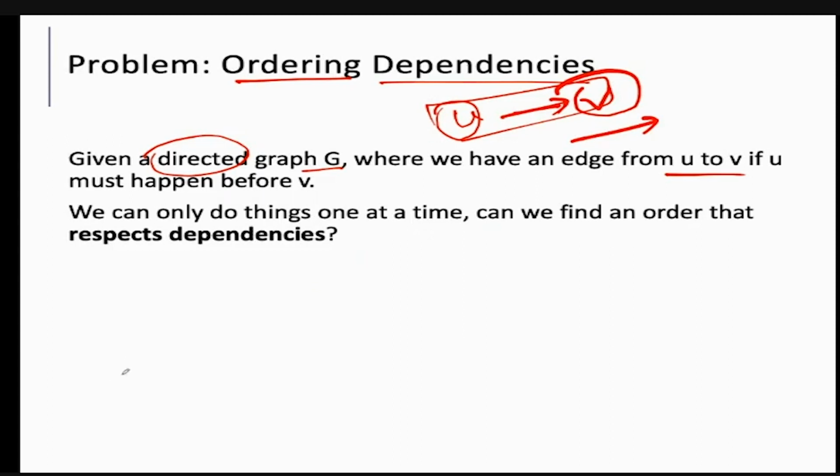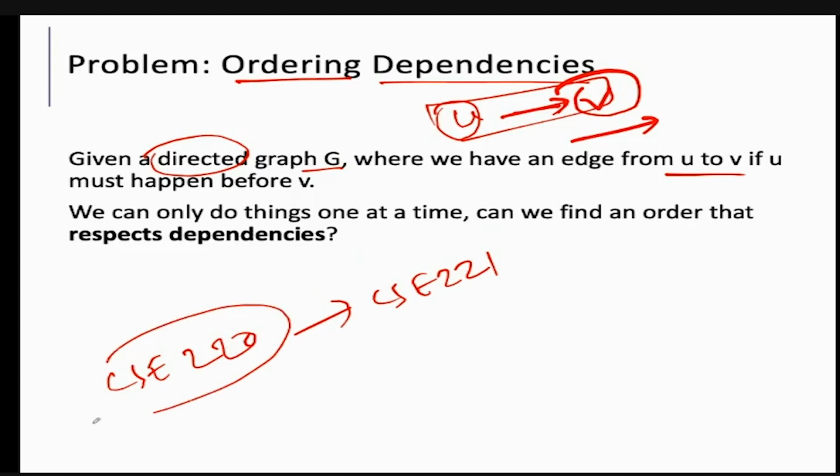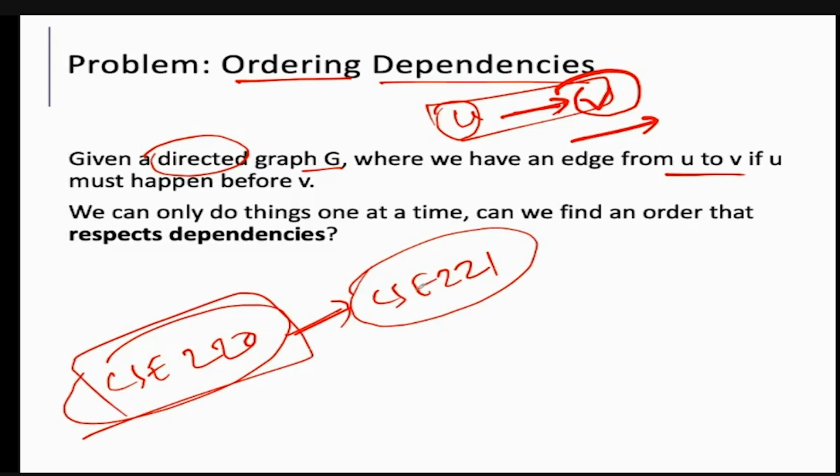For example, this is a course like CS220. You must take this before CS221, right? So this is a vertex in our graph, this is another vertex in our graph, and this edge basically means you must take 220 before 221. You must do this before you do this.